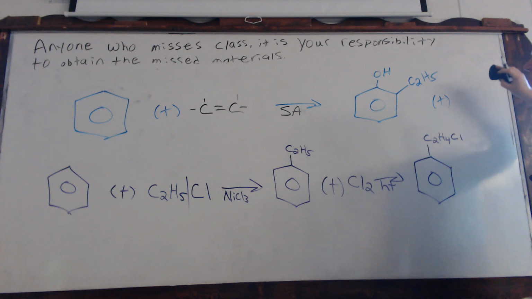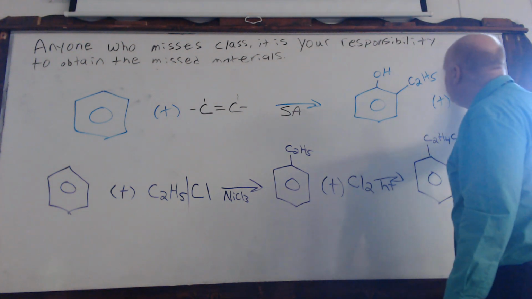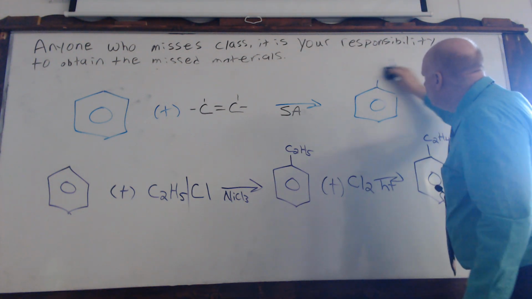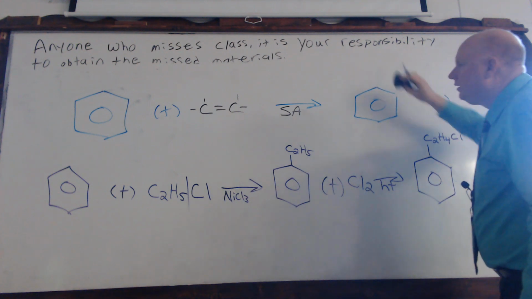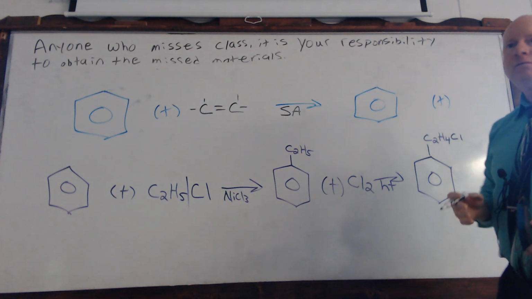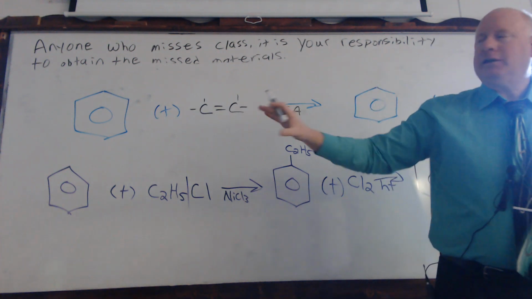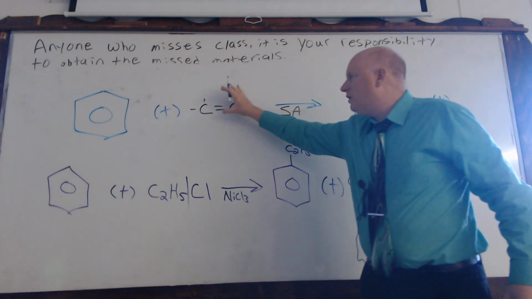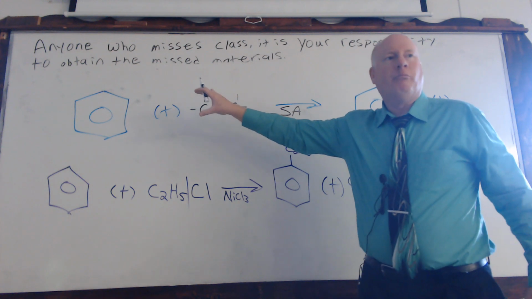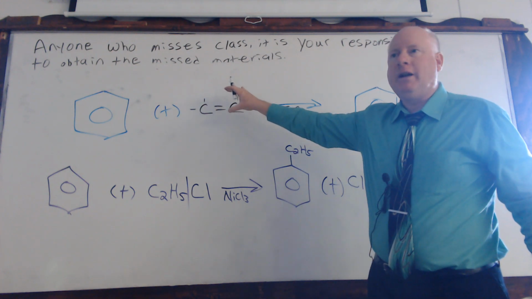Okay, so now what can we presume is going to happen here, according to what you have on your chart? It just says that the acid catalyst reacts with this double bond, breaks it, and then what happens?